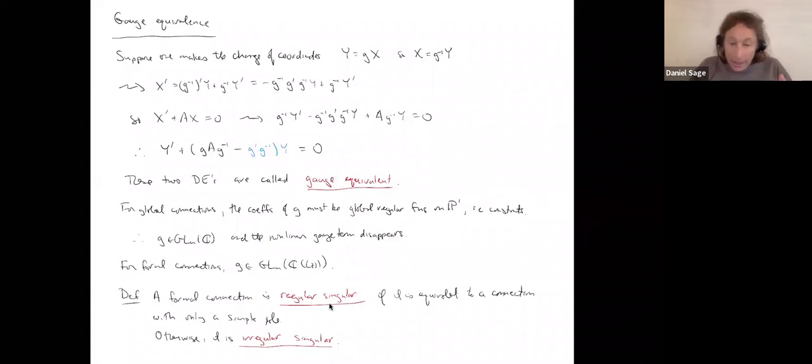Of course, that doesn't actually matter all that much, because, for example, if we were looking at SLN or PGLN, the conjugation action of GLN does factor through PGLN because it's the adjoint group. So in that sense, you can understand most of what you'd want at the level of the adjoint group.